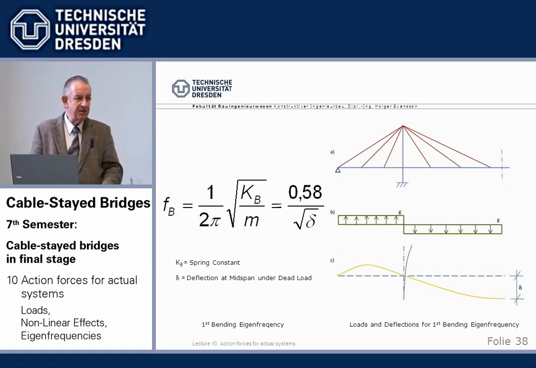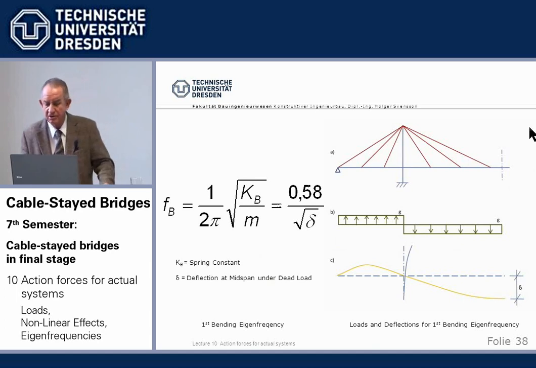And we can calculate that roughly, but we need for that the eigenfrequencies. And it's simple to calculate the rough eigenfrequencies of a cable stayed bridge. The bending frequency is 0.58 divided by the square root of delta, with delta being this deflection. That's an analogy to a simply supported beam, but it's good enough. There's only one trick.